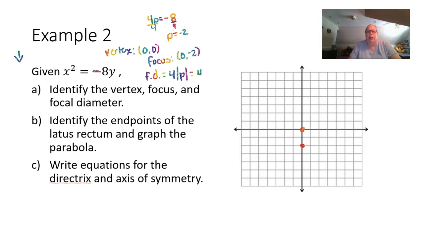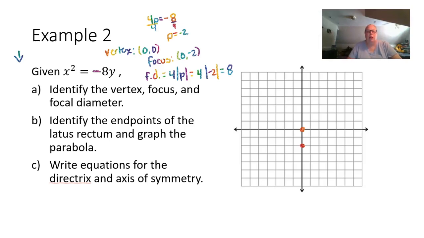So in our case, we have 4 times the absolute value of negative 2, which gives me a positive 8. So I know the focal diameter is 8. In other words, the parabola is going to be 8 units wide right here across the focus. There are 8 units from side to side across the focus.